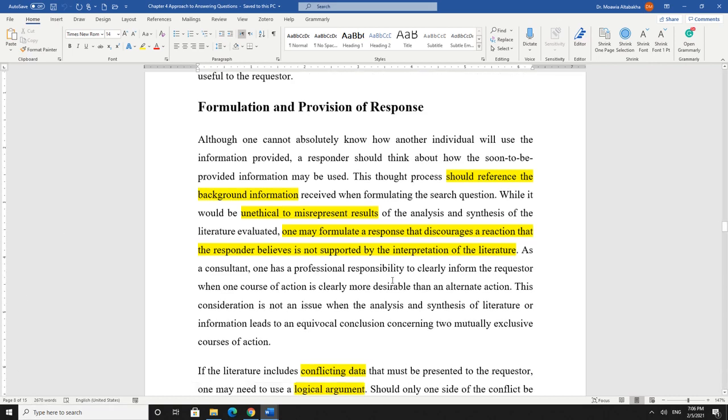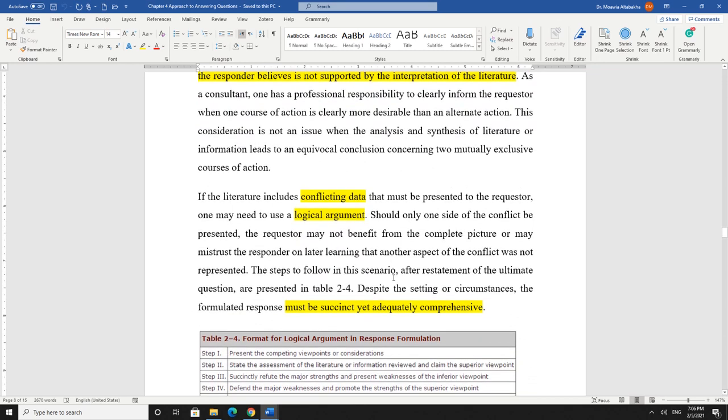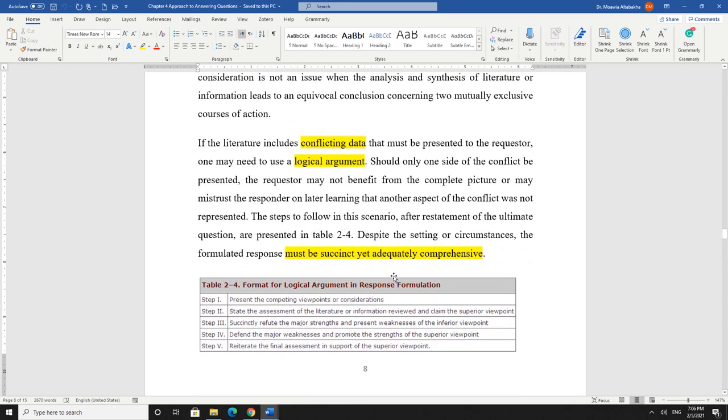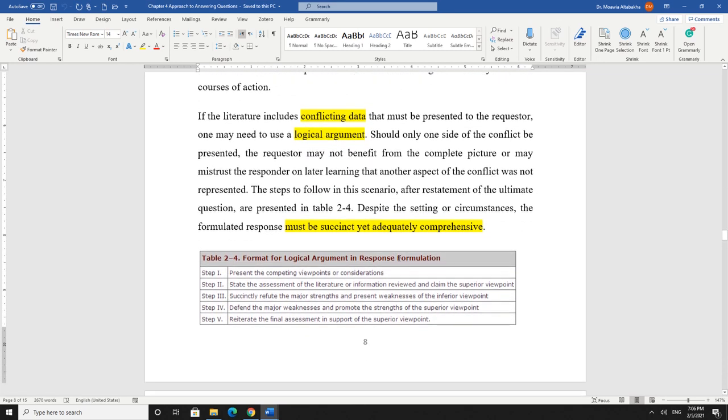Okay, when you have conflicting data, what you have to do is the following: present the competing viewpoints or considerations. Present both views, whether you support that or you don't. So provide them, tell them this study says like that and this study says like that.